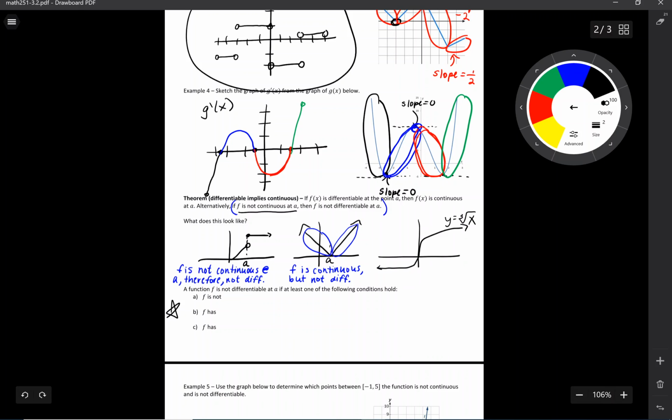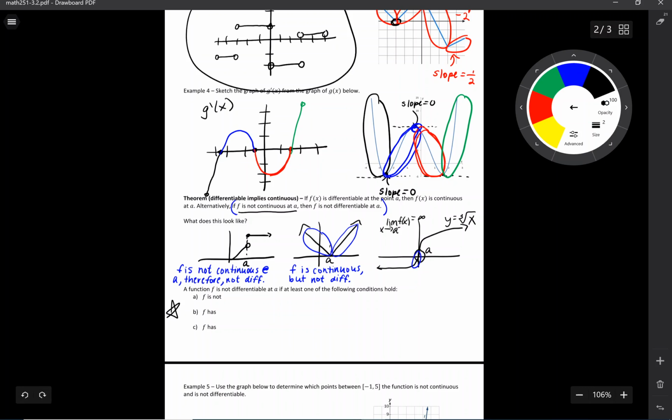If I call this point right here a, then the limit as x approaches a from the left is positive infinity, since this slope right here is getting really, really big.